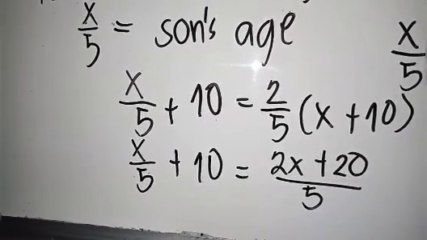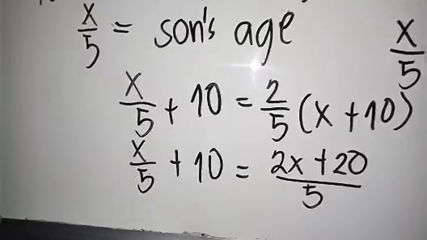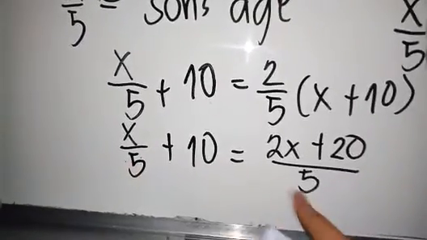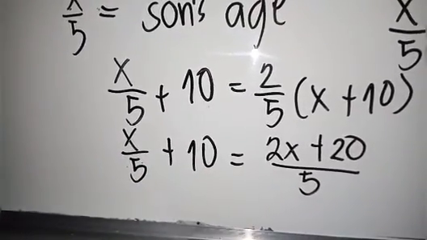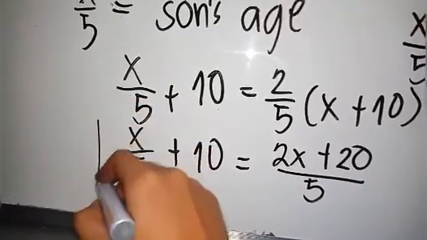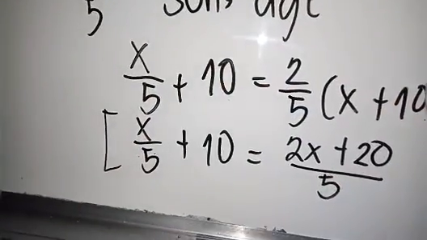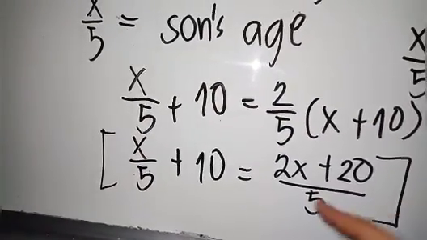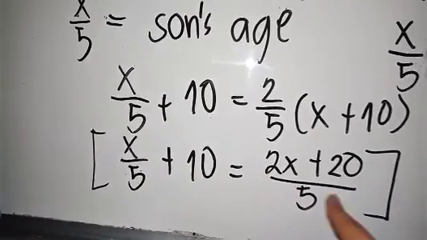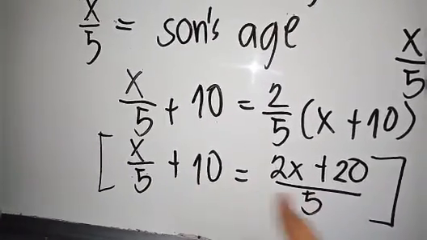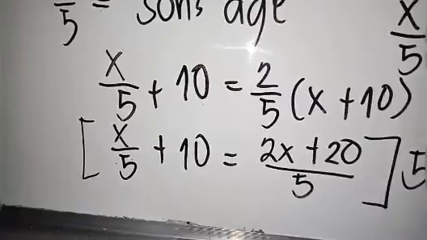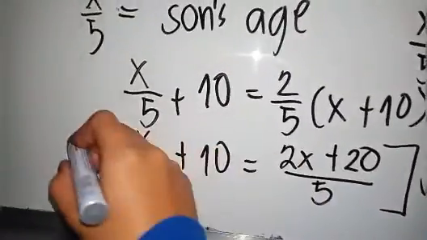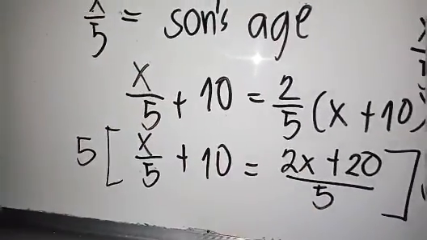Okay. So, kung mapapansin nyo, yung ating denominator dito ay parehas na 5. Ibig sabihin, yung LCD natin ay simply 5. So, yun yung ating i-multiply into both sides na equation natin dito. So, we have 5. So, dito rin 5. Okay, so dito na tayo.